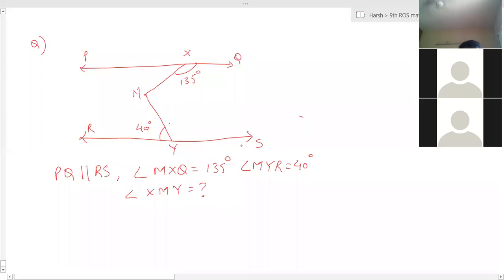Sir, is it 85 degrees? Wait. If you have the answer, let's see. Others also should come. Just raise your hand, those who have got the answer.